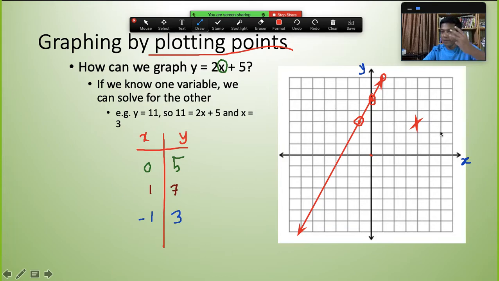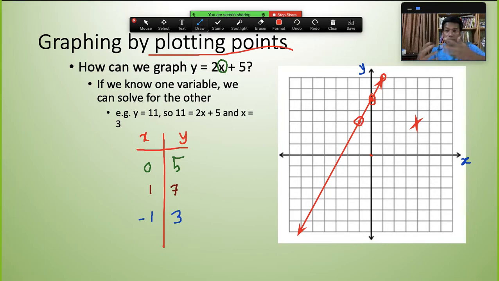But if you take 3 points, then you will automatically notice that my 1 point is here, 1 point is here, another point is here. Oh my god, something is wrong here. Then you can redo the calculation. Do you understand?